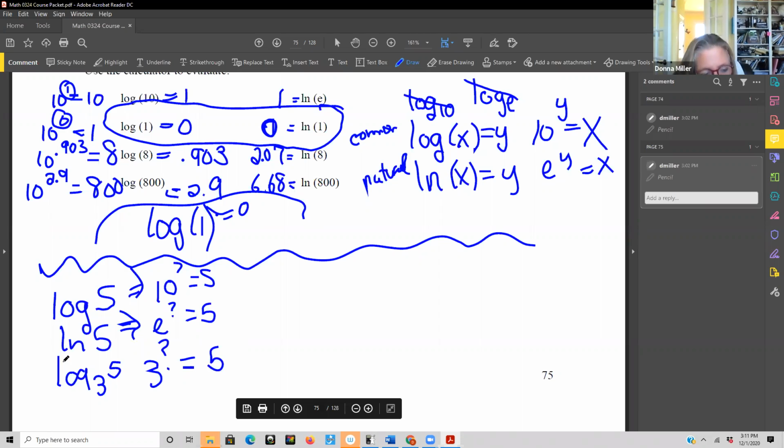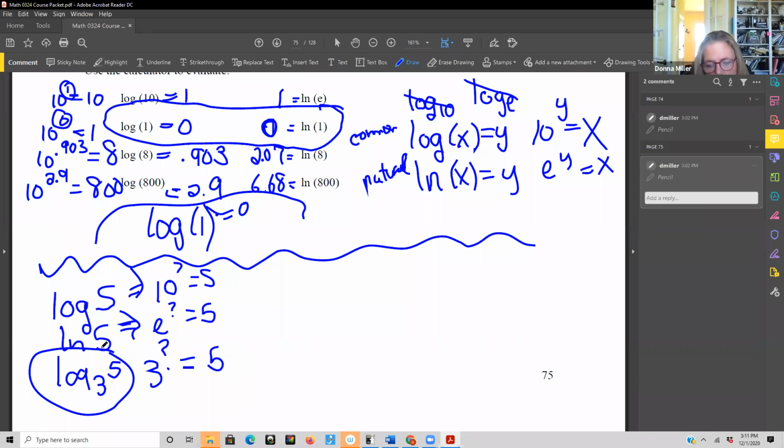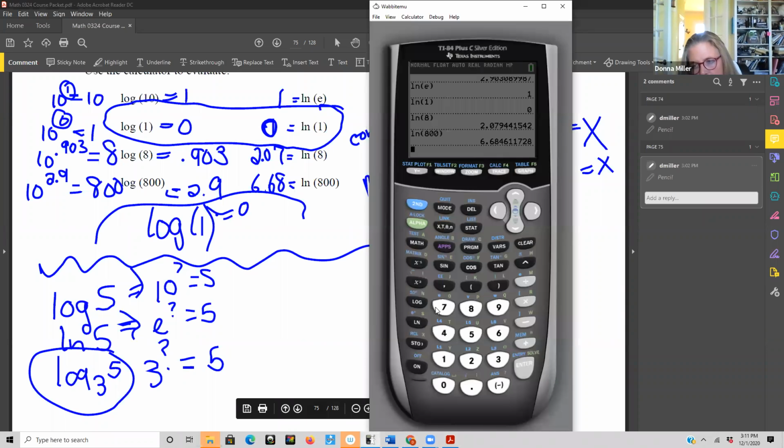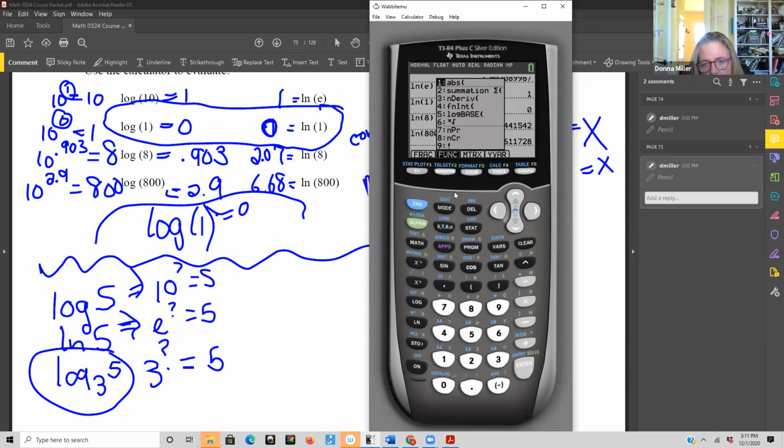Now, your calculator can evaluate this. If you have a TI-84, if you have an 83, hold on a second, we'll talk about how to do this. If you get your TI-84, your Inspire out, there is a log base button added to the new operating system. A couple ways to get it. You can go to Alpha F2, that's how I do it. You see number 5, it says log base.